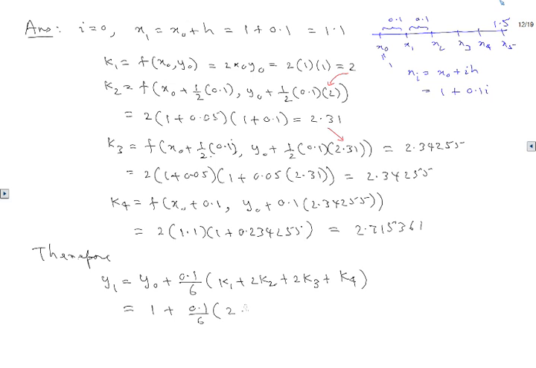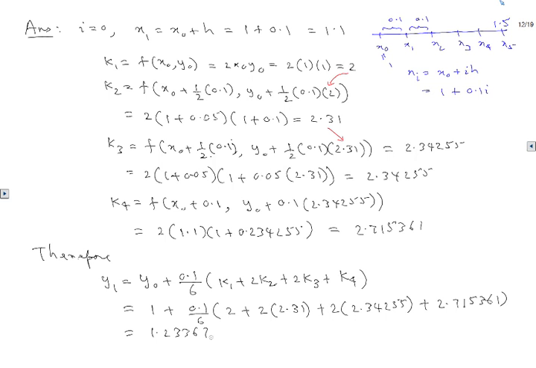So we have 2 as k1, 2 times 2.31 as the second value, 2 times 2.34255 as the next value, and then 2.715361 as the final value. And then after you simplify, you end up getting 1.2367 as the next approximation.